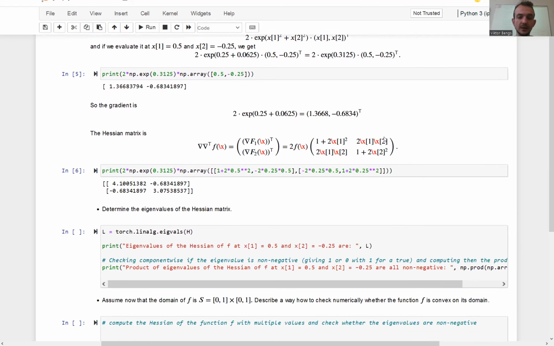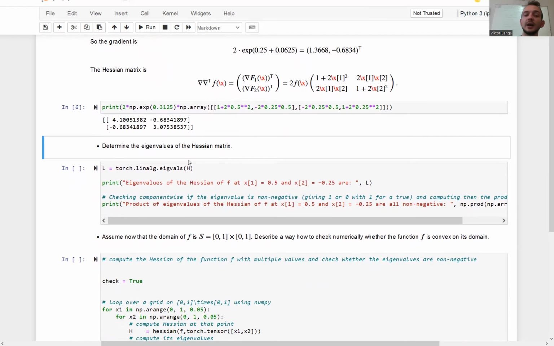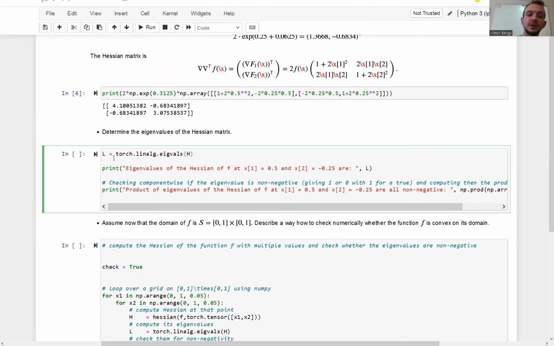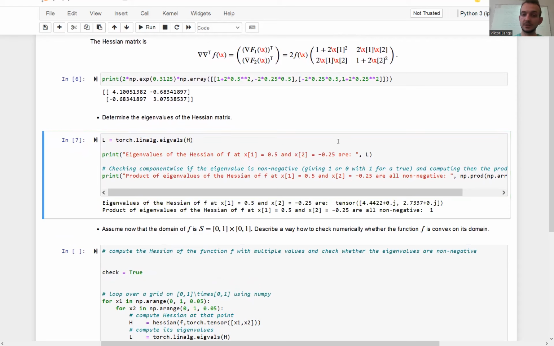Okay, then we want to compute the eigenvalues of the Hessian matrix, and for this purpose you can use the linalg, so linear algebra, subpackage of torch, where you have the function eigvals for eigenvalues. You plug in a quadratic matrix, of course, and what you get is again a tensor. Torch is always revolving around tensors.